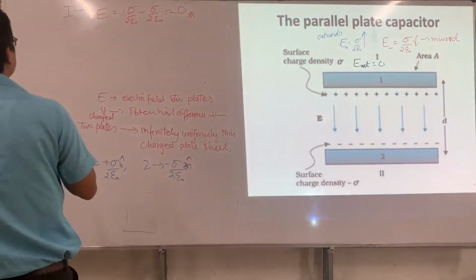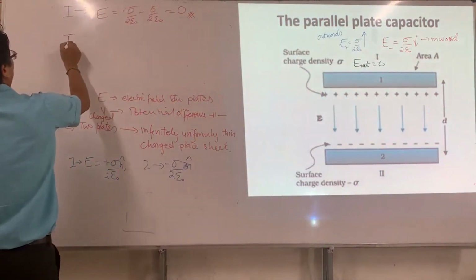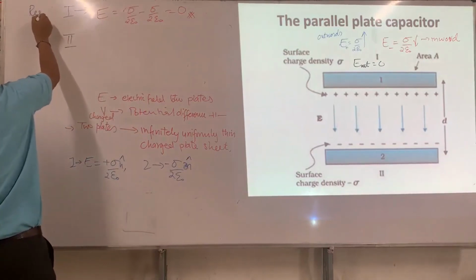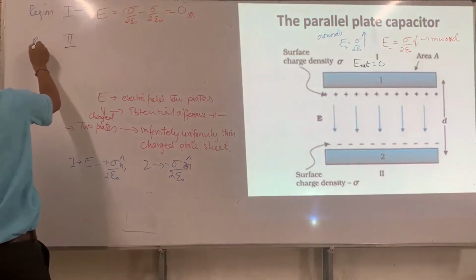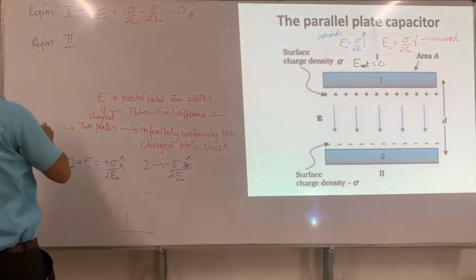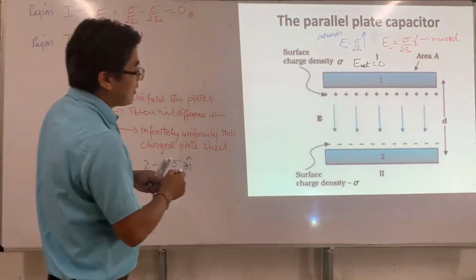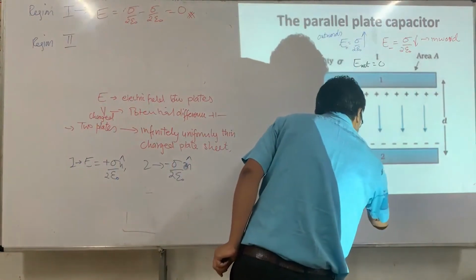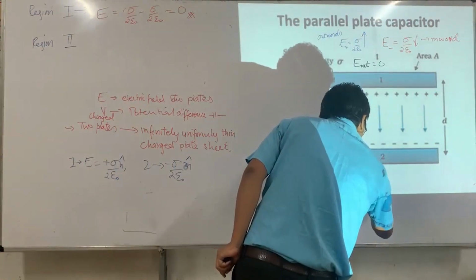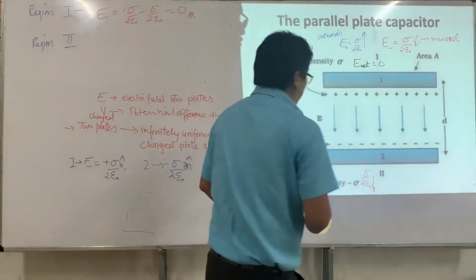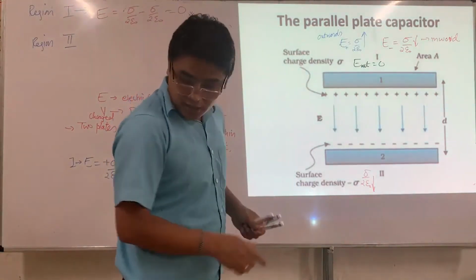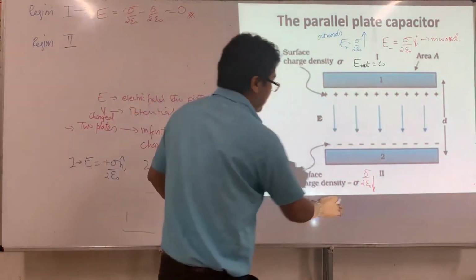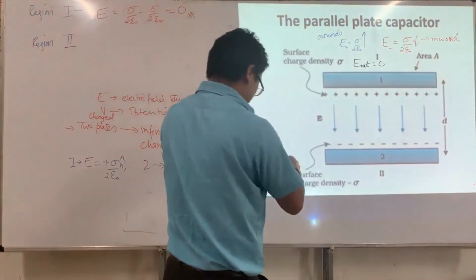What about region number 2? Region 2 we have here. What about the electric field due to the positive charge? Sigma by 2 epsilon naught, this is again outward. I'll use the blue pen. Blue pen has positive charge.